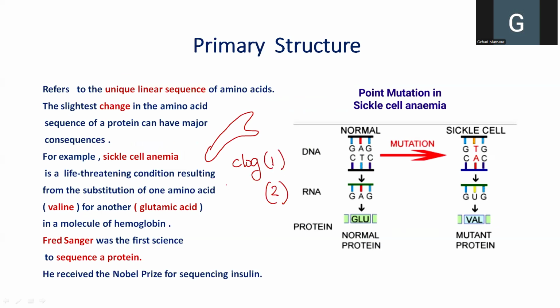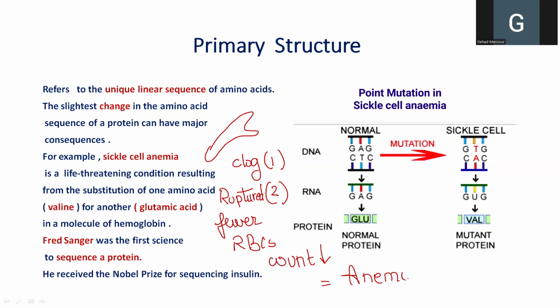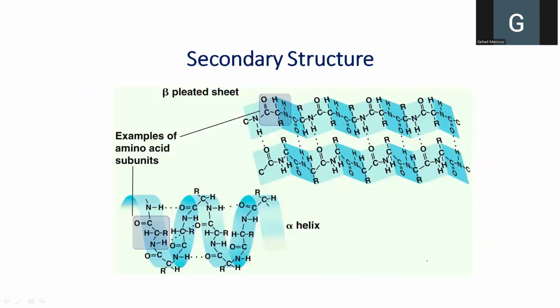But the second problem is that these red blood corpuscles rupture. They get ruptured and they release their hemoglobin outside. And therefore, you have fewer red blood corpuscles and the red blood cell count decreases. So the red blood cell count decreases, and this is what we call anemia. And that's why it is called sickle cell anemia.